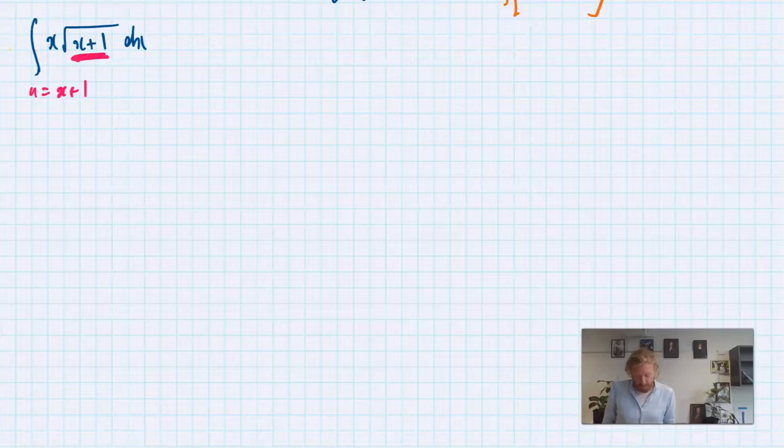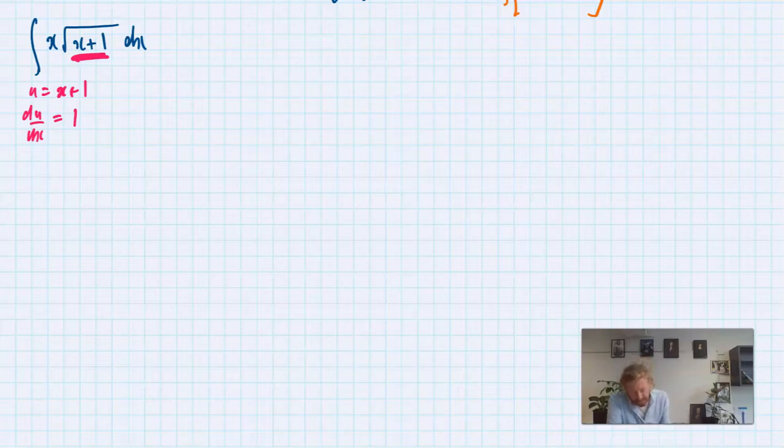U equals x plus 1. Du dx equals 1. Well, that's easy. So that means du equals dx.